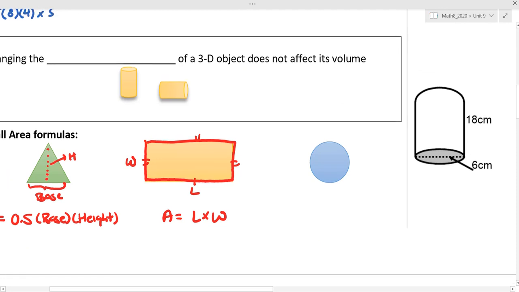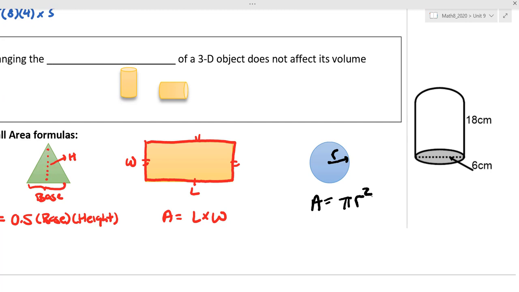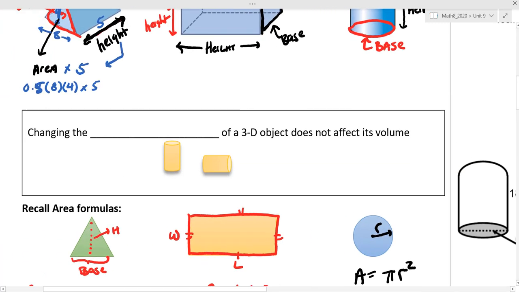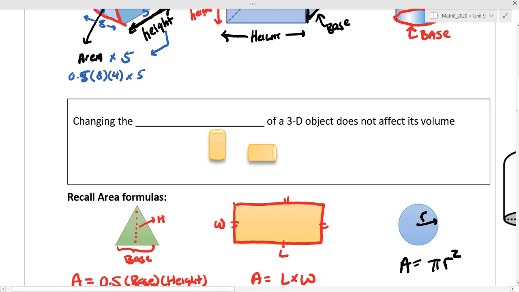So the circle formula is area equal to pi times r squared. Okay. So you don't have to memorize those formulas once again. I'll be providing them to you on the test or up on the board, right? And the only formula for volume, I would say, is area of base times height. So you've got to know how to apply it.